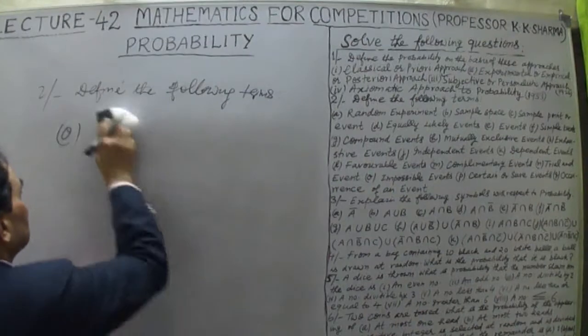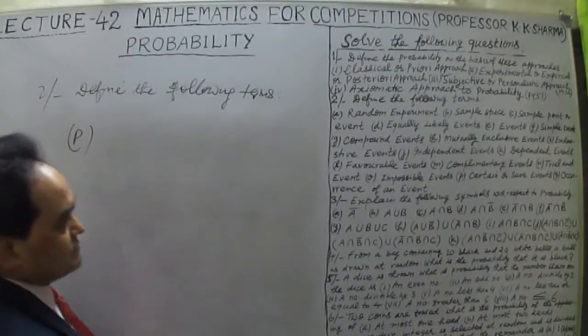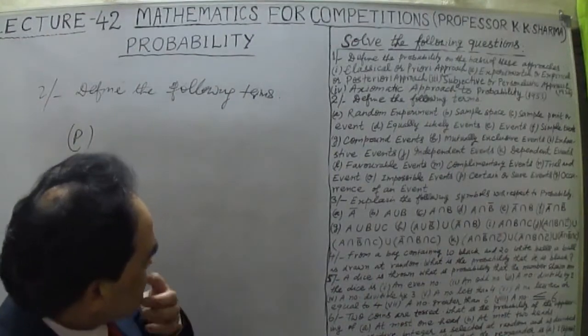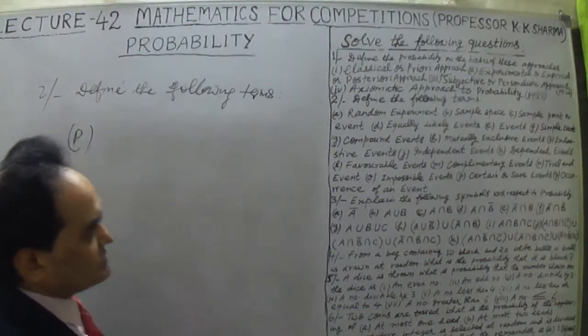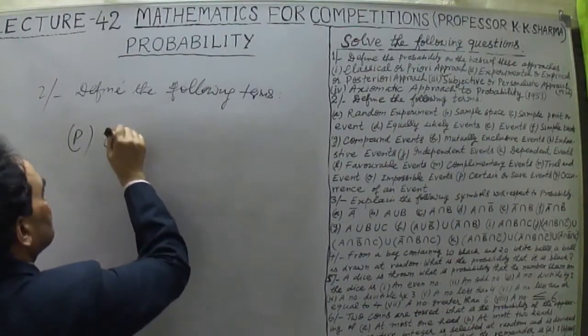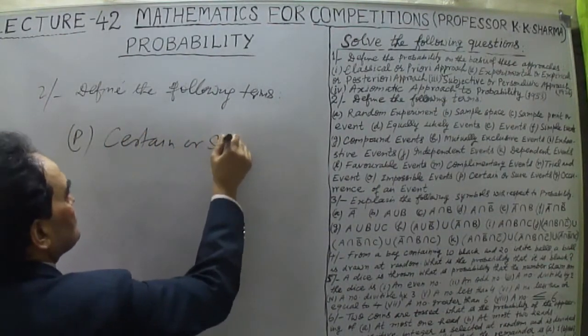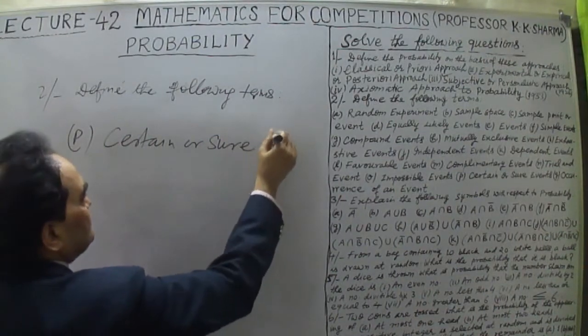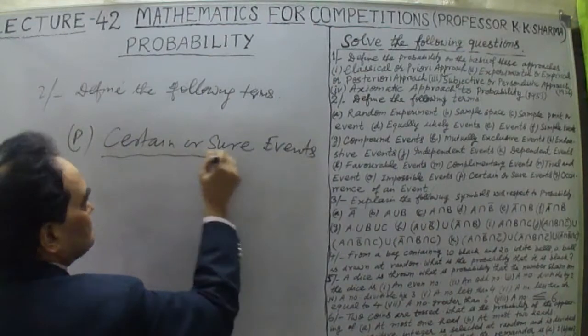Now after O, what is P? The pth part of this is part P. This is the certain or sure event. Sure event.